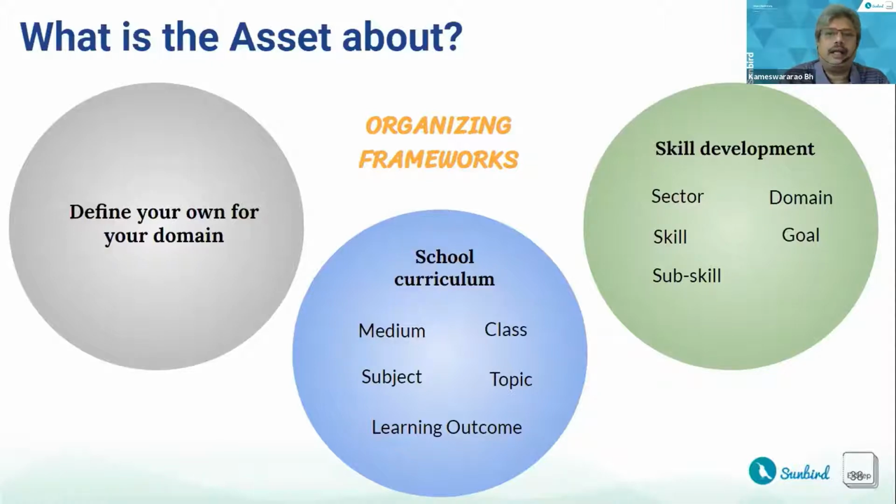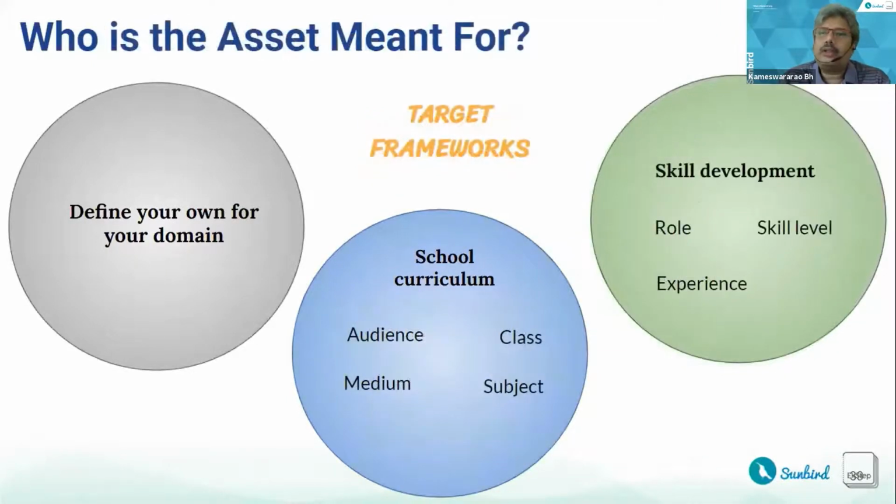Similarly, if you take a school curriculum example, you may want to organize the entire set of assets in terms of which class, which medium, which subjects, and so on and so forth, right? You can also think of tagging the content in terms of who it is meant for, right? That also becomes important.